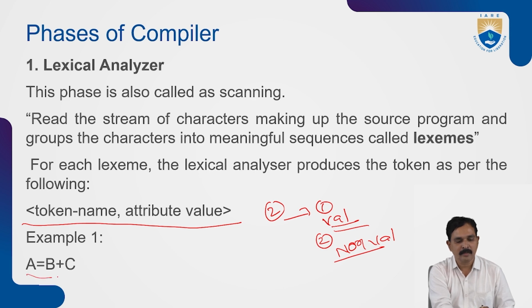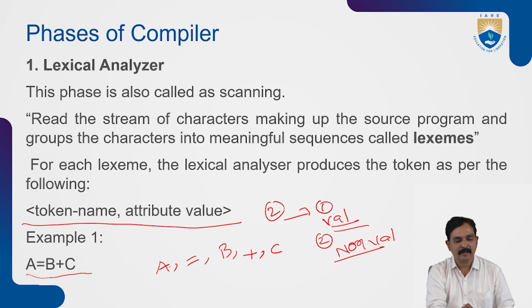For example, consider this statement, which is in one of the source programs given by the user. In this source program, the lexical analyzer should identify the tokens. We identify a total of 5 different tokens. The lexical analyzer reads a source language statement, then converts it into various tokens.